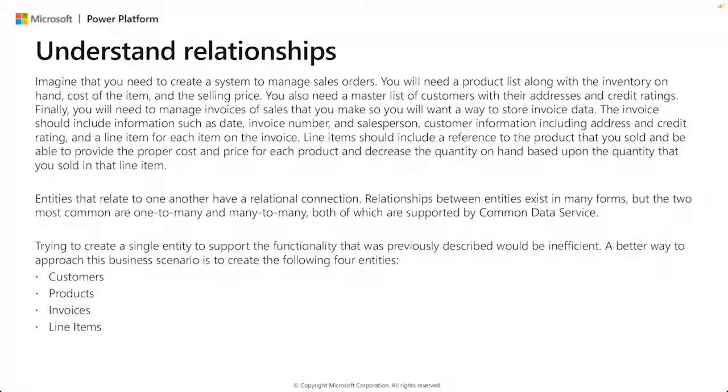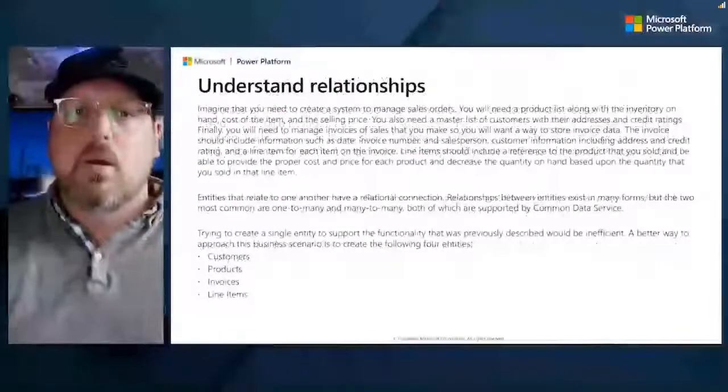Relationships between entities exist in many forms, but the two most common are one-to-many and many-to-many, both of which are supported in the CDS. Trying to create a single entity to support the functionality that was previously described would be inefficient. A better way to approach the business scenario is to create the following four entities: customer, products, invoice, and line items.